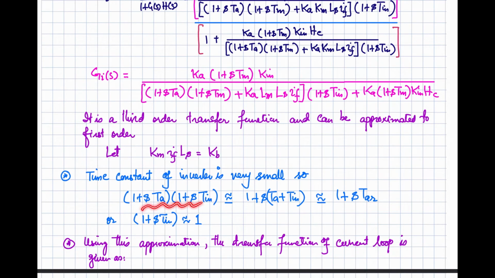So we can approximate this term with this first order term, and we are going to call this Ta plus T_in as the TAR. So Ta plus T_in is the new definition that will be representing this time constant, right? With this approximation, we can simplify this one and represent it as a first order transfer function.